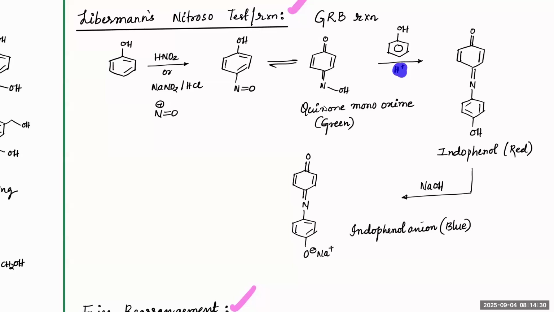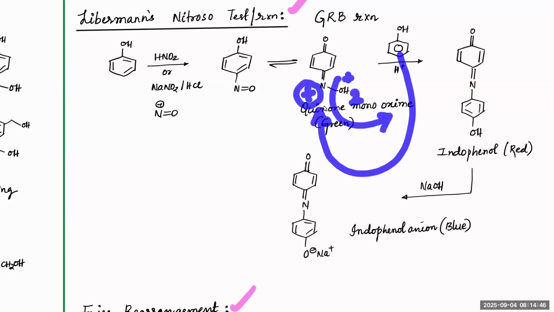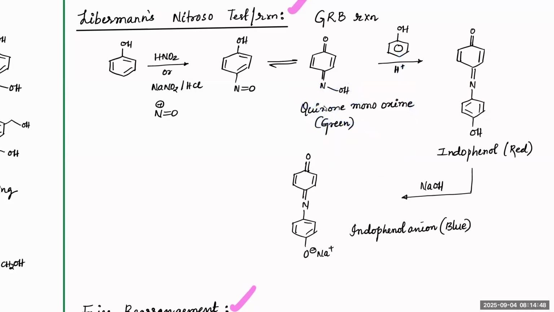And in acidic medium, because you are already using an acidic medium, you can expect that it will become OH2 plus. This can be relieved and you start gaining a positive charge on nitrogen. And that is where the phenol will make another ES reaction. So you will get second product, which is indophenol, which is red color.